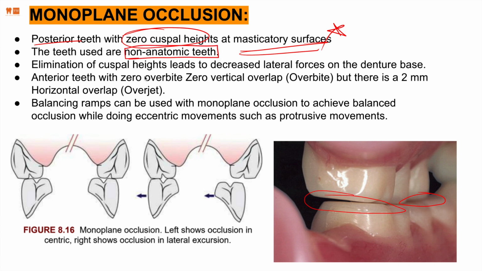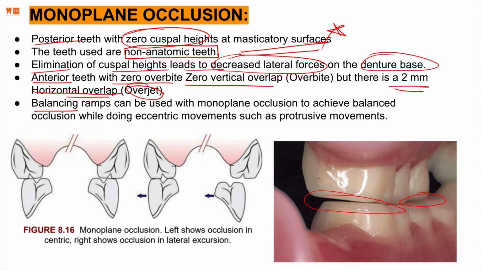Non-anatomical teeth are used. Teeth with no cuspal inclinations. It eliminates the cuspal heights that leads to much decreased lateral forces on the denture bases. The anterior teeth with 0 overbite, 0 overlap. But then there is a 2 millimeter horizontal overlap, which is overjet.